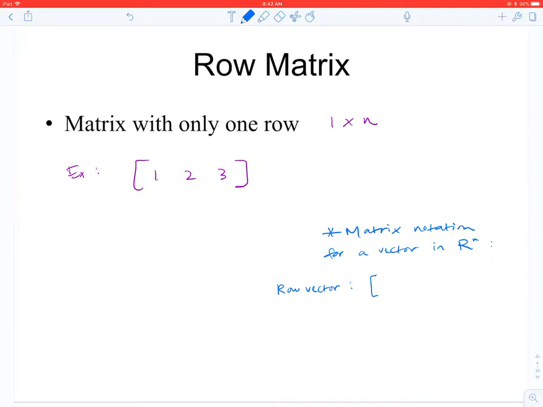So I'll call the components v sub 1, v sub 2, and so on to v sub n. And then more common are column vectors, which can be written as a column matrix, where we'd have elements v sub 1, v sub 2, to v sub n.